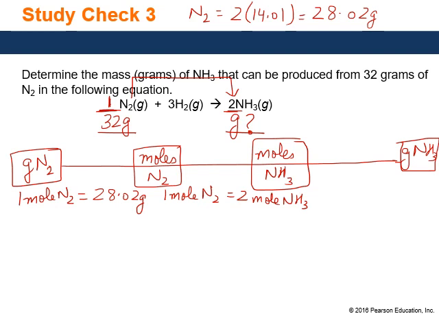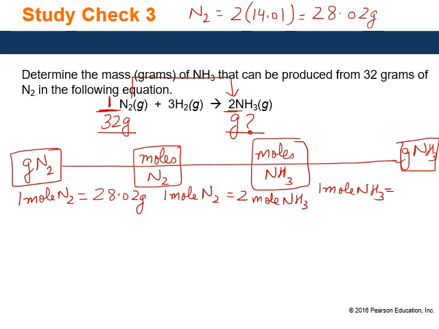Next, I need to go from moles of ammonia to grams of ammonia. What would be my conversion factor? Remember, moles to grams is always molar mass. So my conversion factor here would be 1 mole of ammonia. Why 1? Again, molar mass is always for 1 mole.